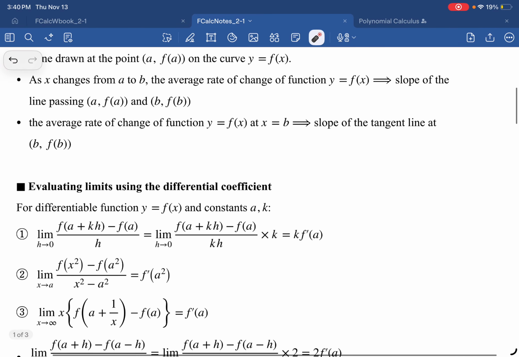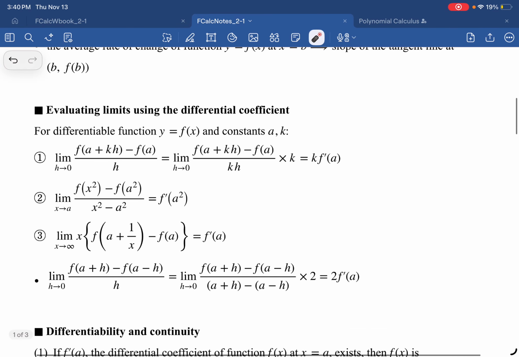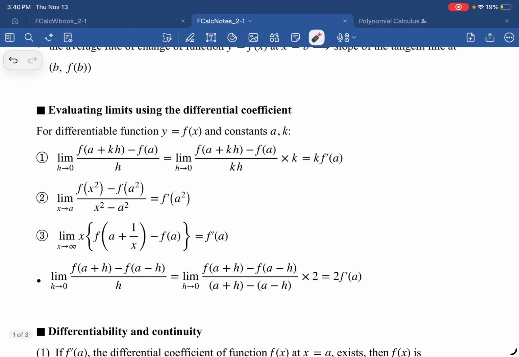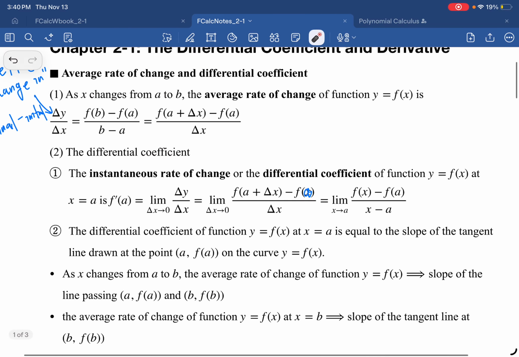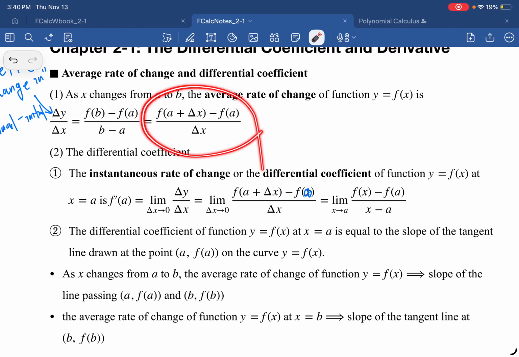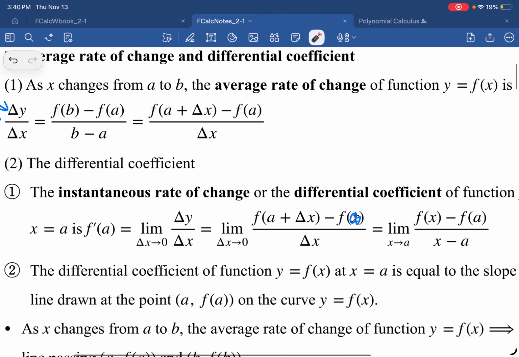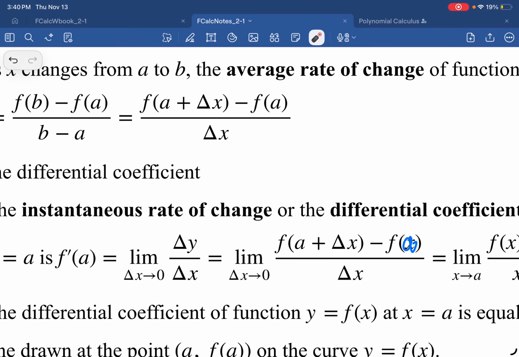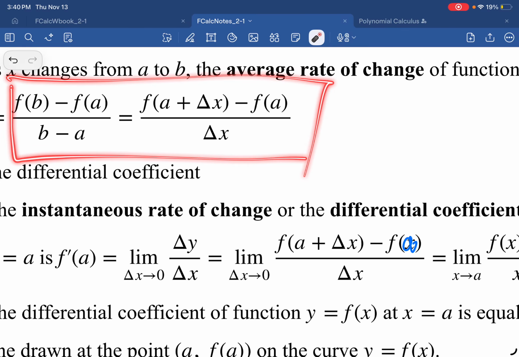Okay, so what we can do now is we can try evaluating limits using the differential coefficient, right? So you'll see a lot of limit expressions that look similar to this, f of a plus delta x minus f of a divided by delta x. Now, it is important to be equally familiar with both of these two expressions.